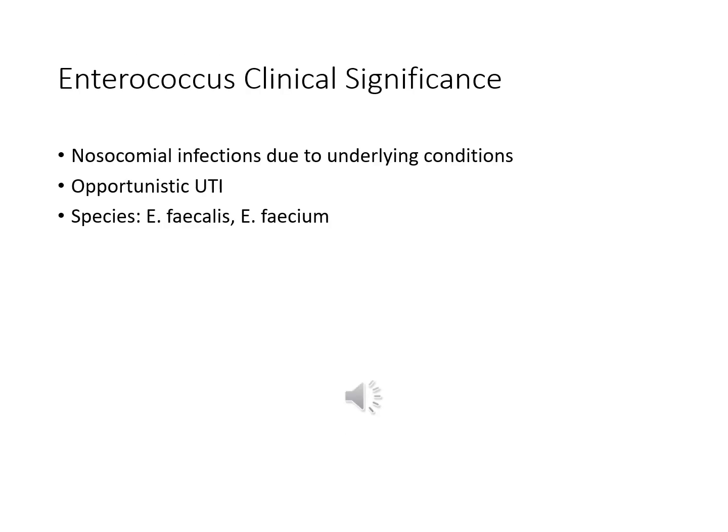Clinical significance for the Enterococcus includes nosocomial infections, particularly when the patient has an underlying condition. It can be an opportunistic organism. It can be responsible for urinary tract infections. And the species that we generally want to look out for are Enterococcus faecalis and Enterococcus faecium.